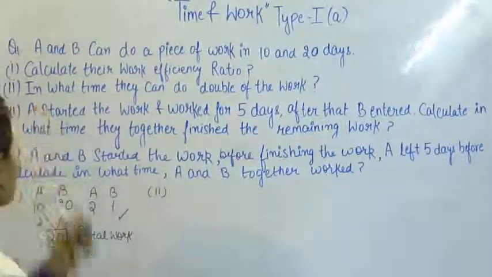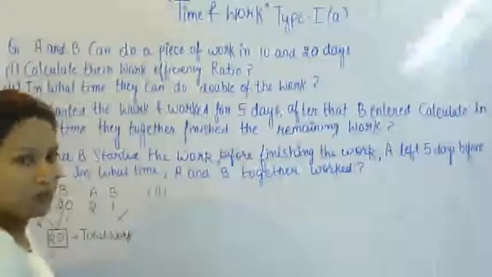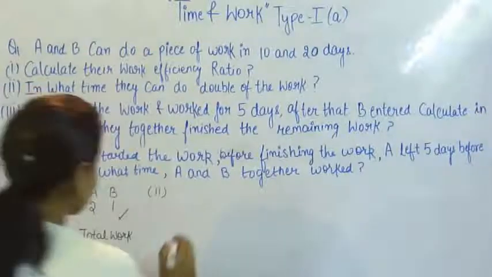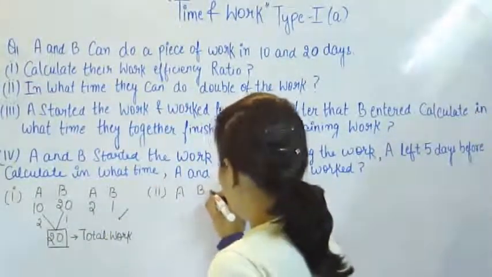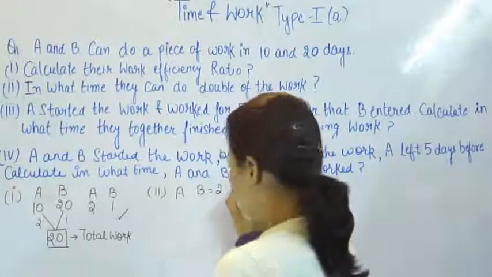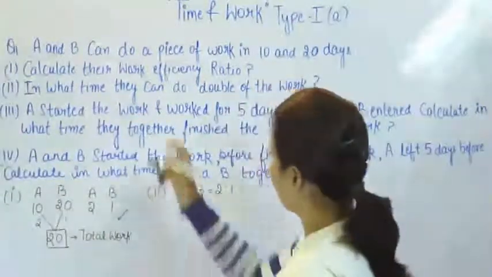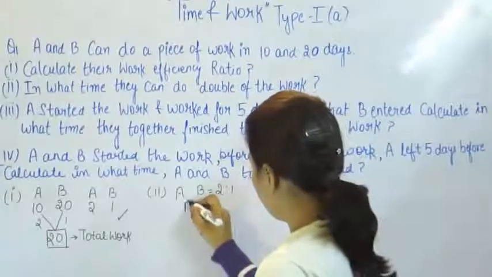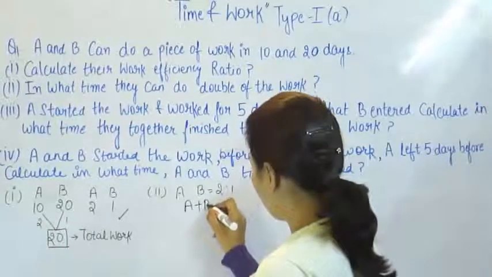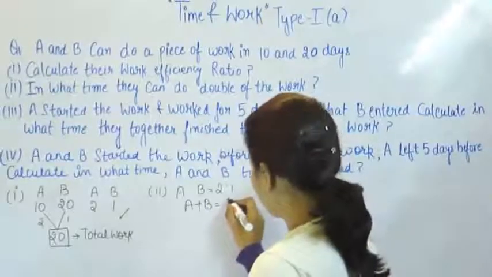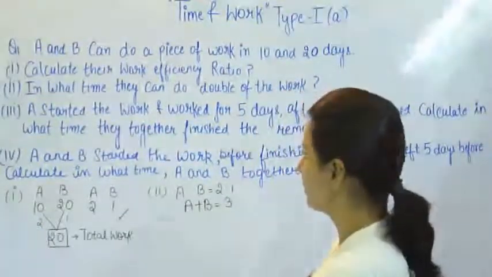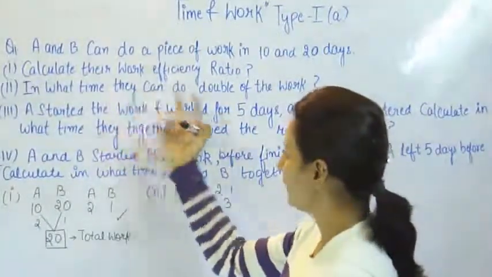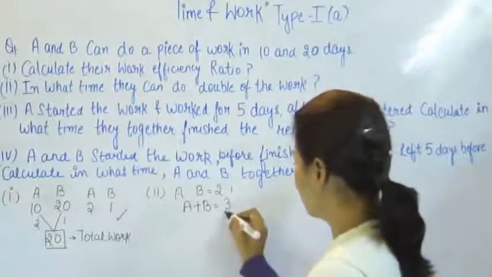Let's start the second question. In what time can they do double of the work? A and B are 2:1. A plus B, in what time? It means in what time they together can do double of the work.